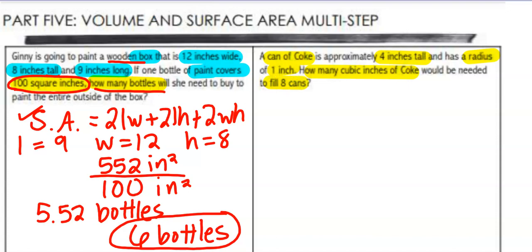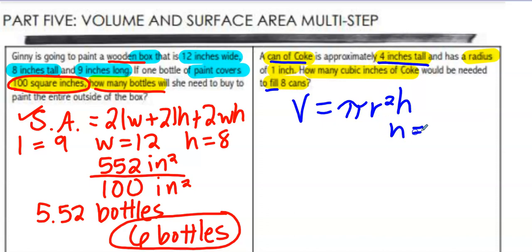So let's think about this one. We know it's a cylinder, because it's a can of Coke, and we know that we're filling it. So this is going to be volume of a cylinder. Volume of a cylinder is pi r squared times height. We know in the problem, it tells us the height is 4 and the radius is 1.